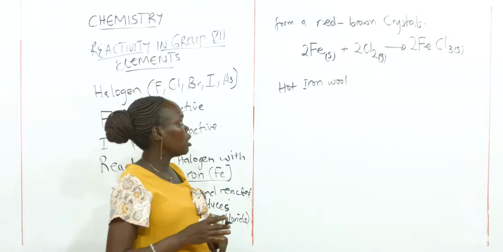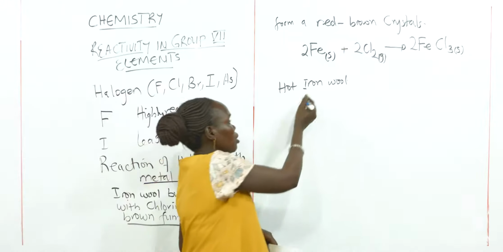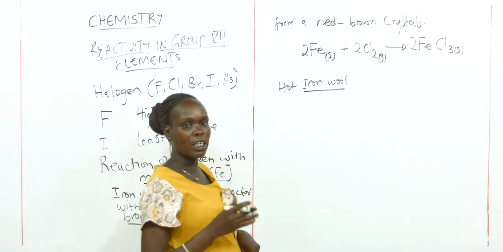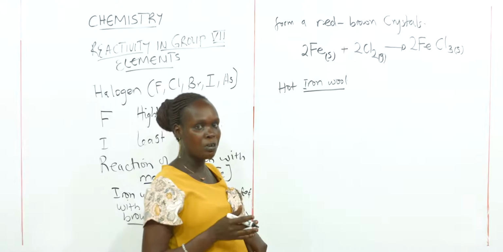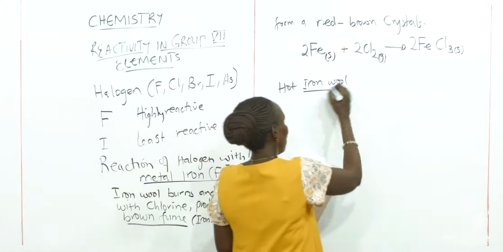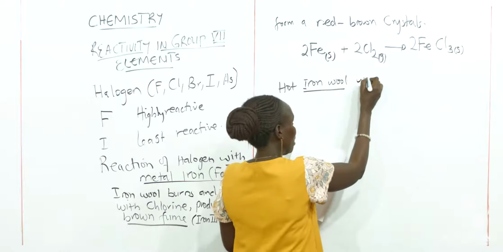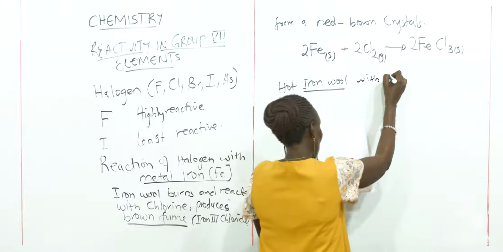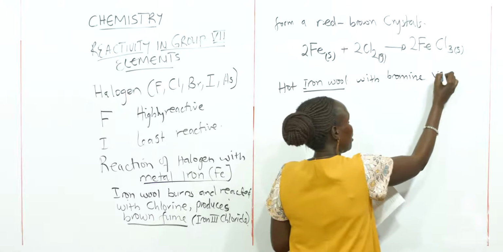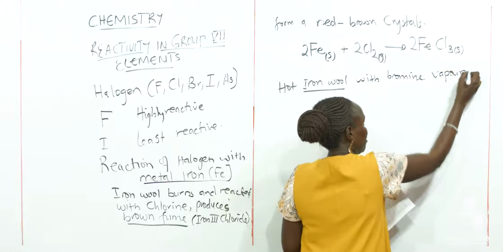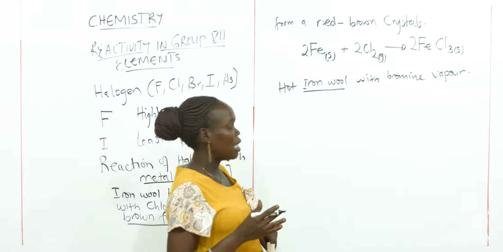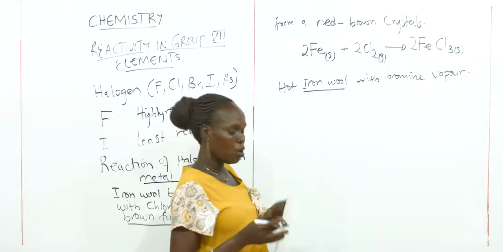So it means this iron wool should have to be hot, at least for the reaction to proceed with bromine. So in this case, we have hot iron wool reacting with bromine vapor. It means that bromine is being kept in another container, and its vapor is the one reacting with the hot iron wool.